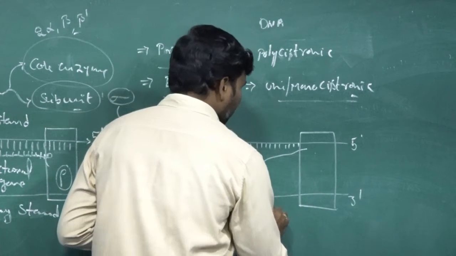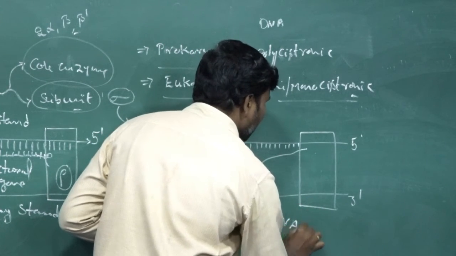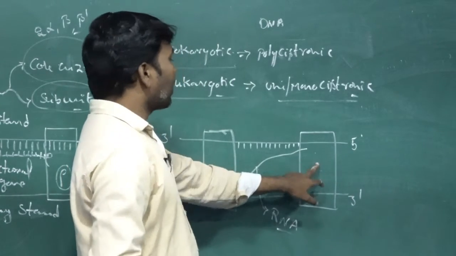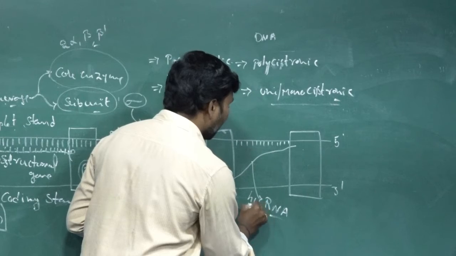So this RNA that is synthesized primarily by RNA polymerase is called hnRNA.